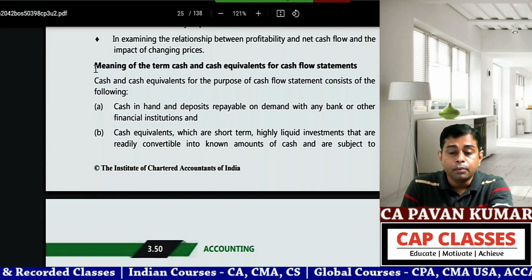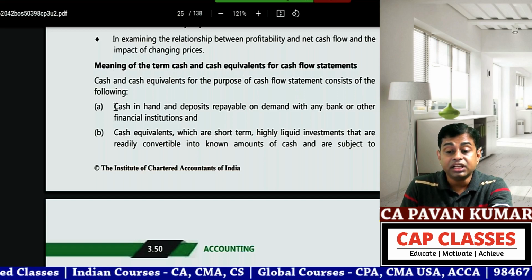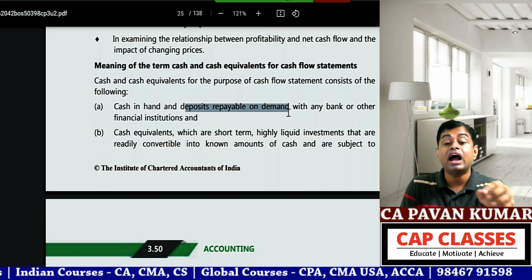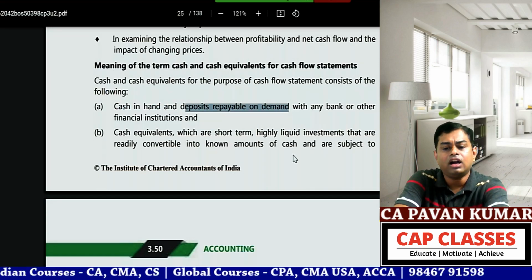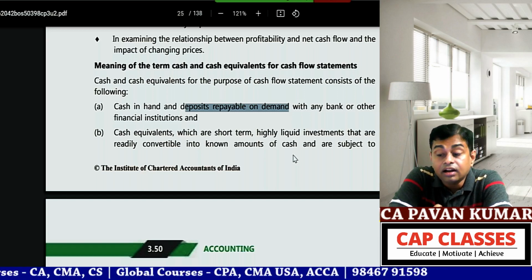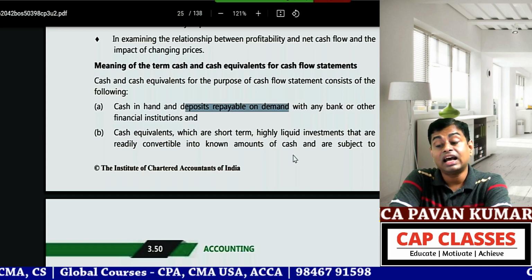This one. Meaning of the term cash and cash equivalents for cash flow statement. Cash in hand and deposits payable on demand. Oh my God, sir, what is this? Deposits payable on demand, sir. These are cash in savings accounts, current accounts.